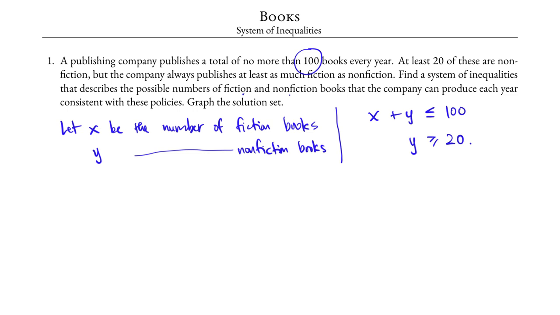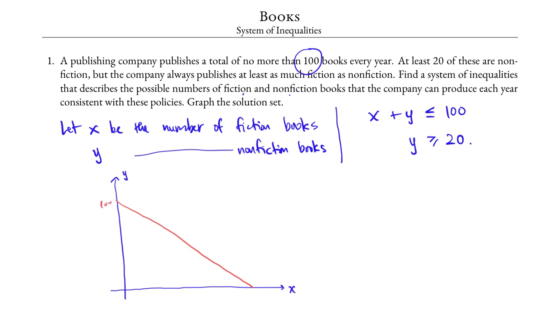To graph this system of inequalities, we observe that there is no negative x and negative y because x represents the number of fiction books and y represents the number of non-fiction books. The graph of x plus y less than or equal to 100 has the x-intercept of 100 and the y-intercept of 100.